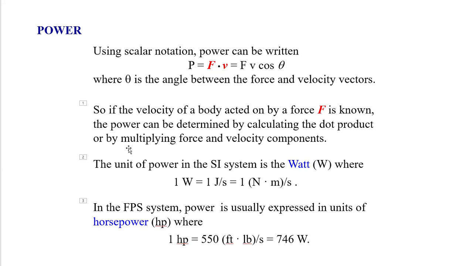The power can be determined by calculating that dot product. Our units of power are watts, which is a joule per second. Or if we're in our traditional English system, it's 1 horsepower, which is 550 foot-pounds per second, or 746 watts. So going back to that conversion factor.